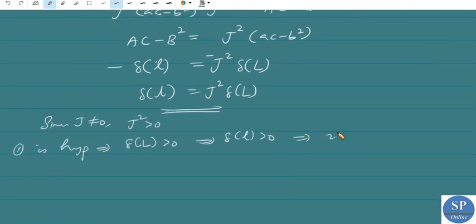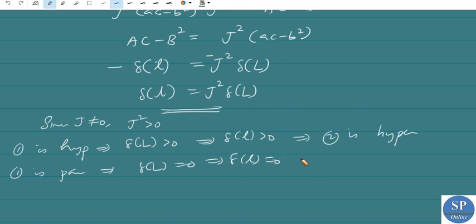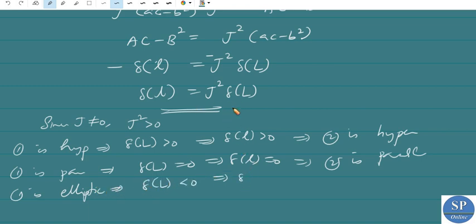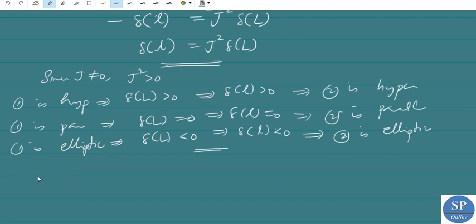Similarly, first PDE is parabolic implies delta of L is equal to 0, that is delta of small l is equal to 0. So the second is parabolic. Also, first is elliptic implies delta of L is less than 0. Thus from this we get delta of small l is also less than 0, and thus the transformed PDE is also elliptic. So the type of the PDE is invariant under the non-singular transformation.